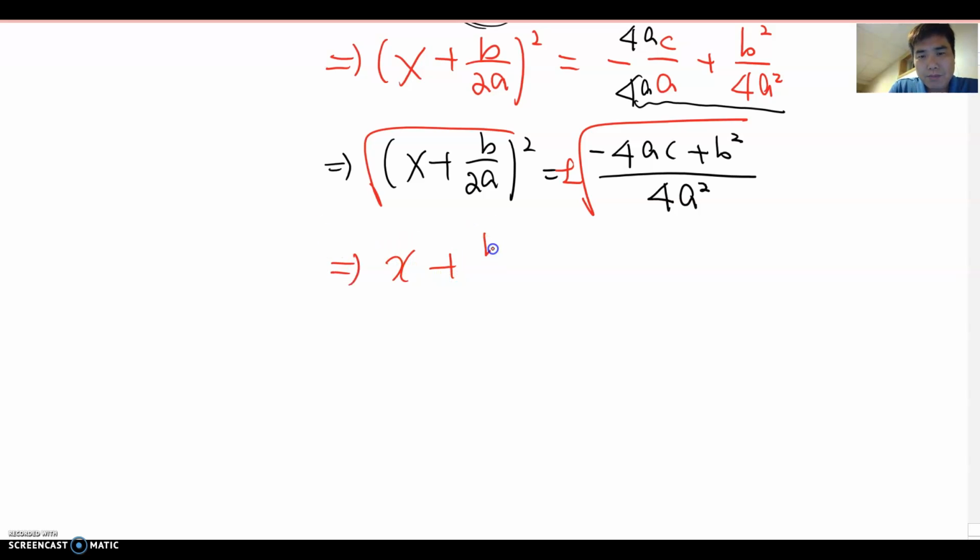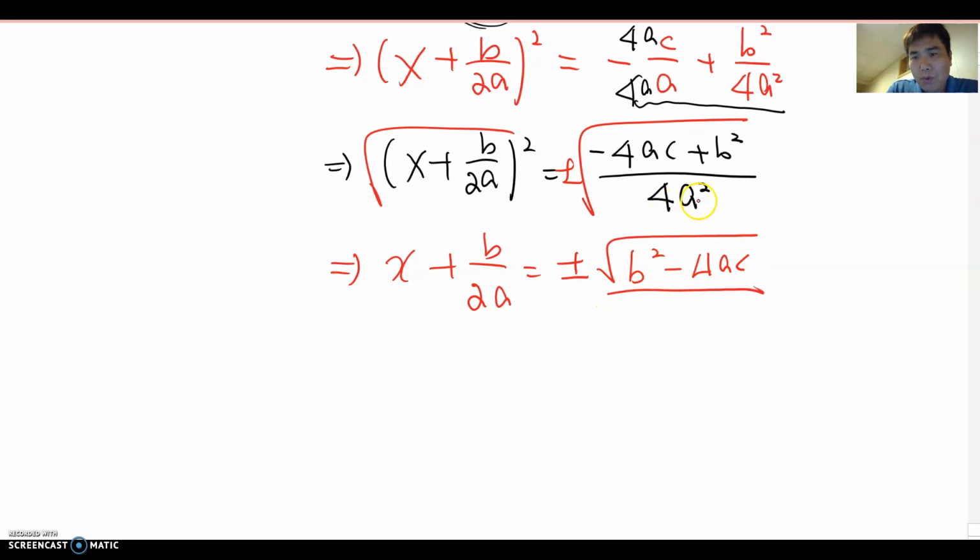Then x plus b over 2a becomes plus and minus the square root of b squared minus 4ac, and then over 4a squared becomes 2a basically. Now you just subtract b over 2a from both sides.